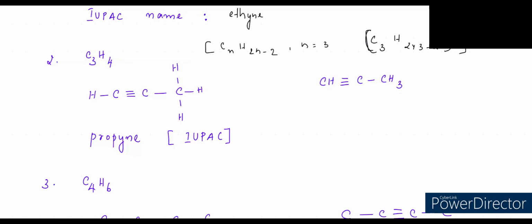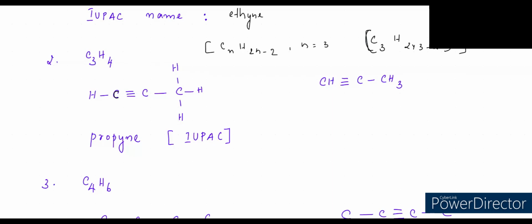So, three carbons are there. Connect any two neighboring carbons by a triple bond. Then the rest are connected by single bond. And according to the tetravalency of carbon, keep filling up with the hydrogen. So the first carbon here, three bonds are formed.